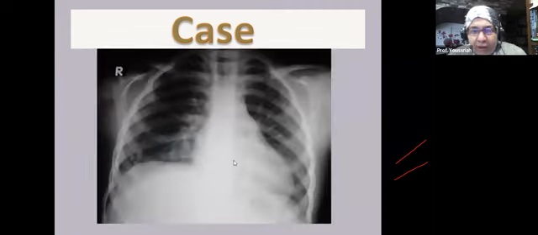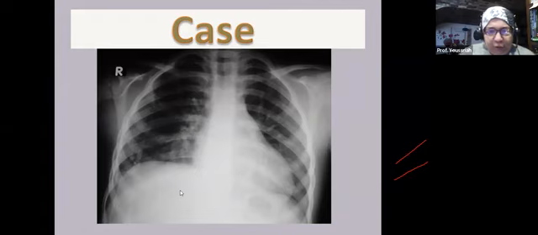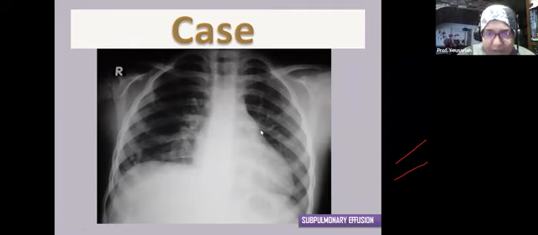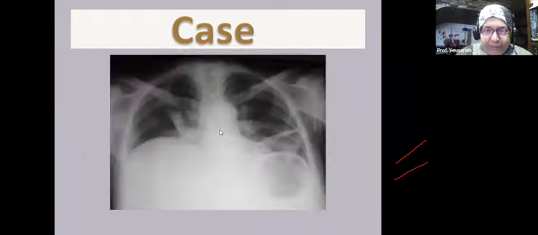Now look here at the right cupula. The right cupula is elevated. It is rather flat, and the highest point of the cupula is lateral and not central. This is the classic appearance of subpulmonary effusion: elevation of the cupula with flatness and shift of the highest point of the cupula laterally.